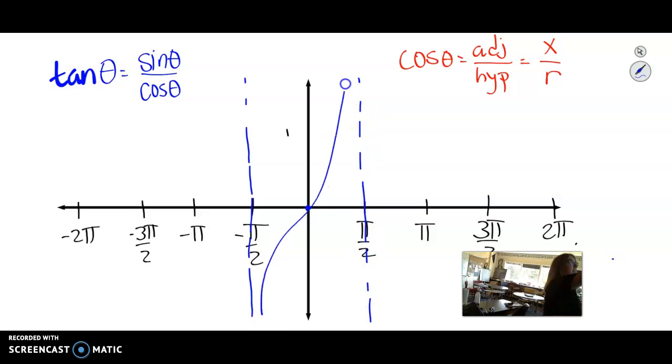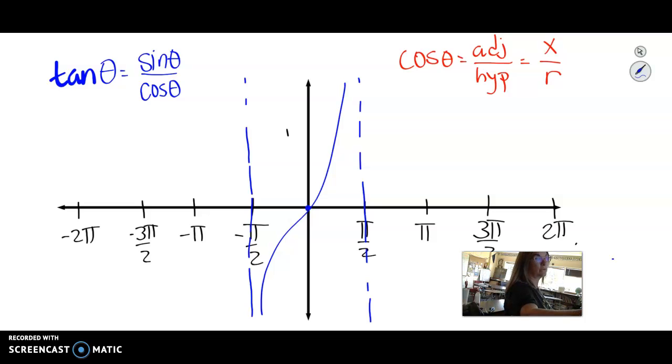The tangent graph looks like this, and it keeps repeating, but the principal branch is where you make the tangent function 1 to 1. The domain of the 1-to-1 function is between negative pi over 2 and pi over 2, so that becomes the range of the inverse.